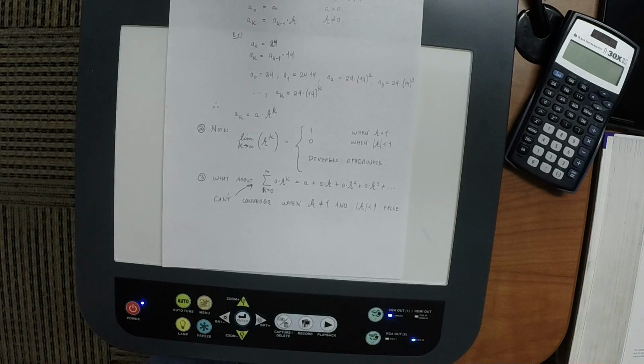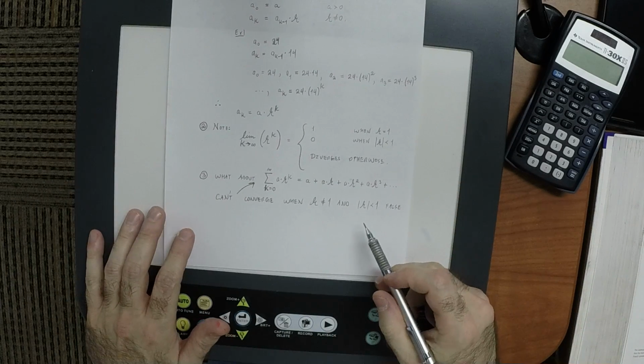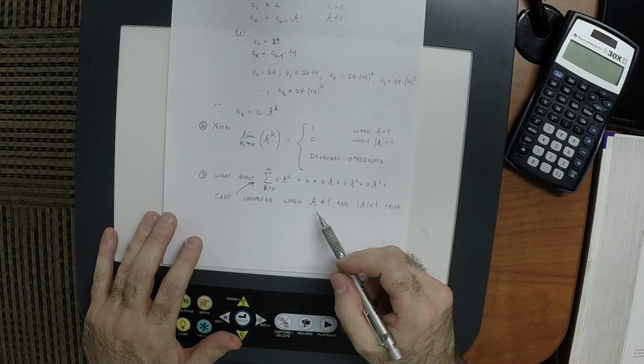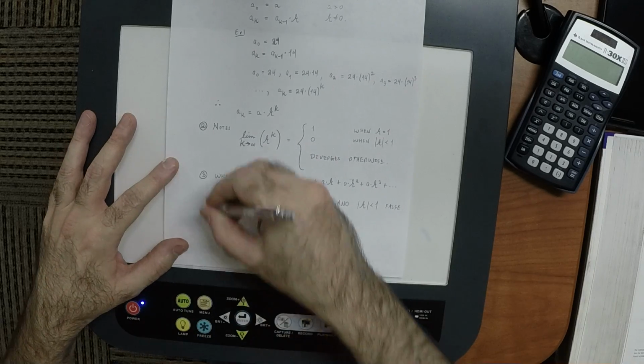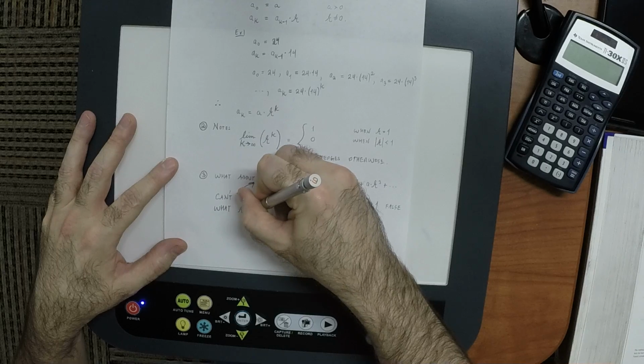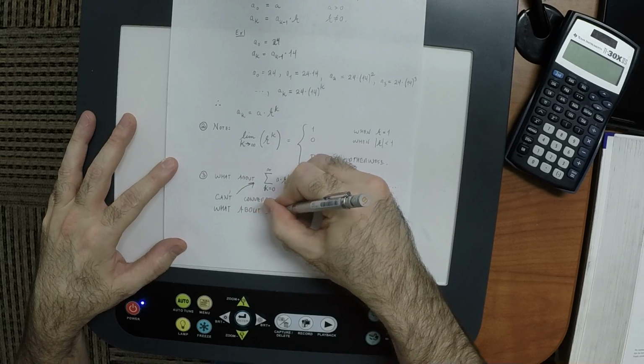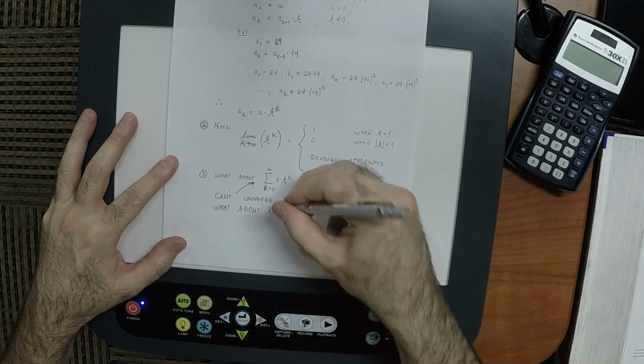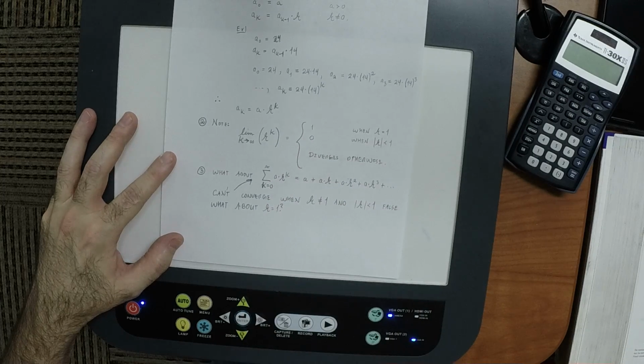So it couldn't possibly converge in those conditions. Could it converge in the specific case of r is 1?